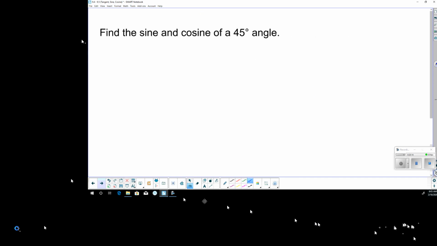Here's another one. Find the sine and cosine of a 45-degree angle. So here's my special right triangle. I didn't draw that very well, but we'll say it's a 45 triangle. If I say the legs are both the same, it's isosceles, right? If they're both 1, to find the hypotenuse, you times by the square root of 2. So it'd be 1 times the square root of 2, which is really just the square root of 2.